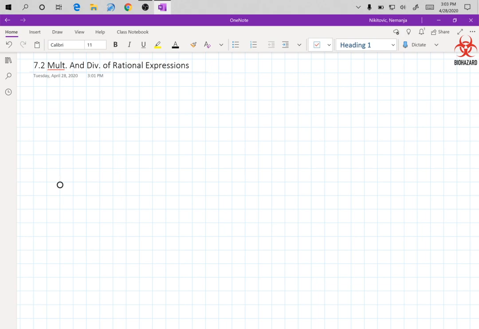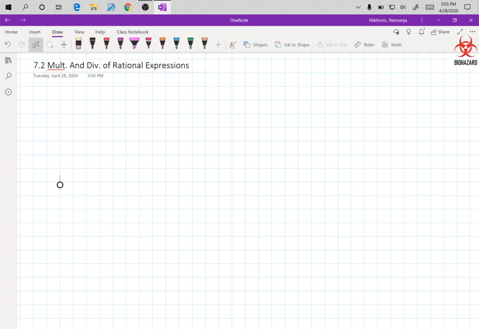Multiplication and division of rational expressions is done the same way as multiplication and division of fractions. So we have canceling involved, multiplication is across, and for division you flip the second one and multiply instead of dividing.